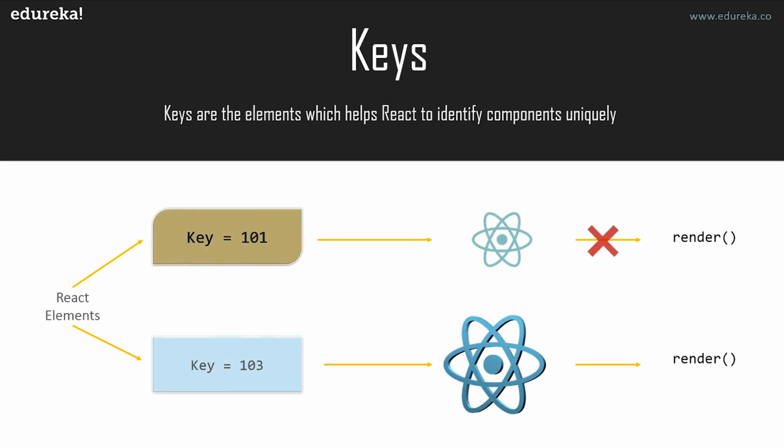If any of the keys is changed, I can check which key has been changed. Again, I'll repeat that keys are applied on React elements specifically, and they help React to identify the components uniquely. Okay, so we'll now see an example of how we can use keys in React applications.